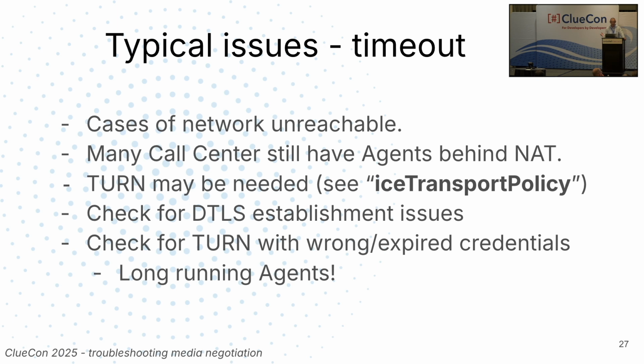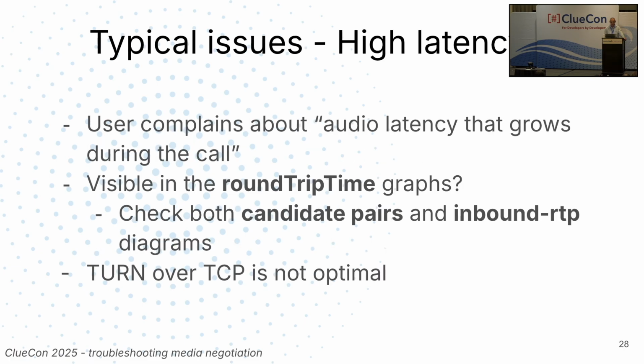For the timeouts, it's quite easy. If there is no possibility to establish the media, then there will be timeouts, and they will be very visible in the network traces. And there will be, for example, the DTLS will just not go up.